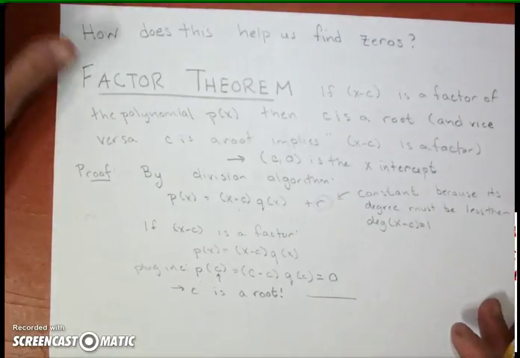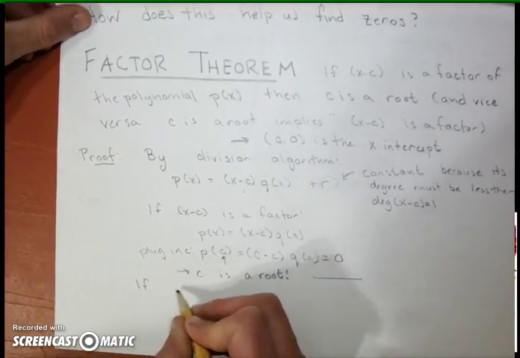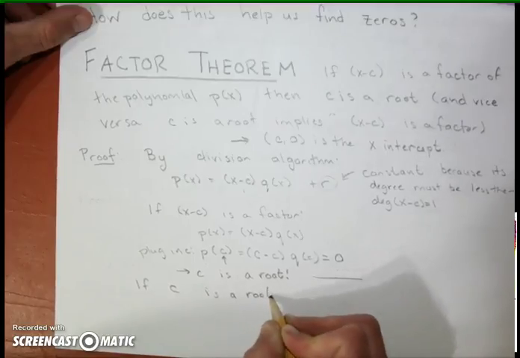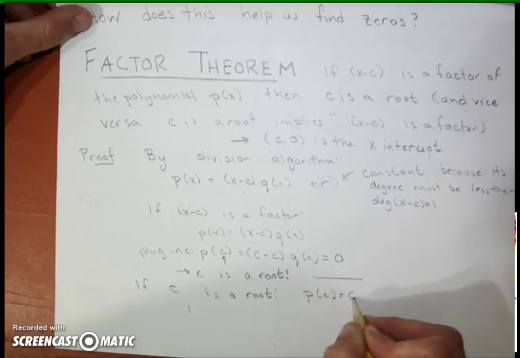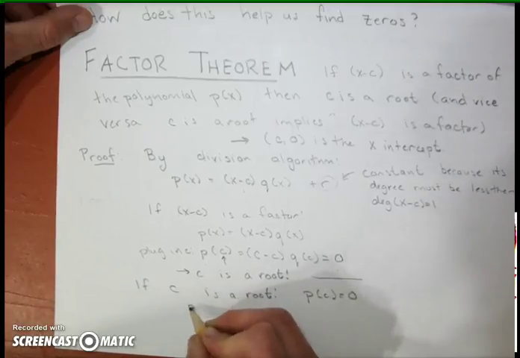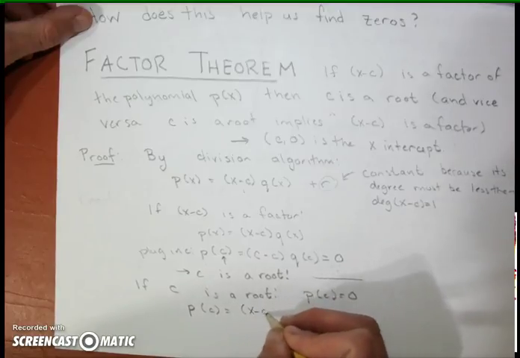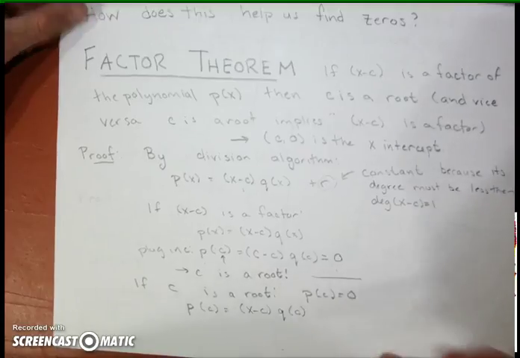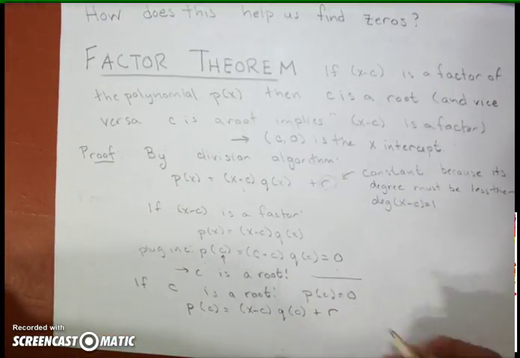So now we can look at the other direction of this proof. If c is a root, this says that p of c equals 0, but by the division algorithm, p of c equals c minus c times q of c plus r.